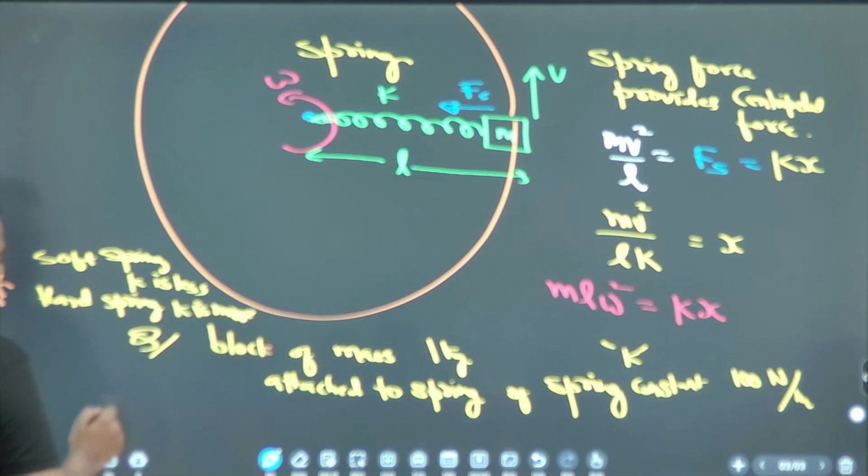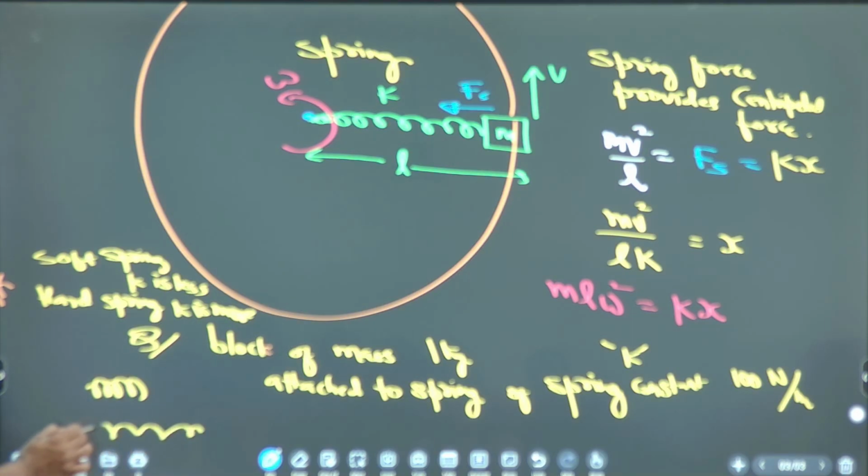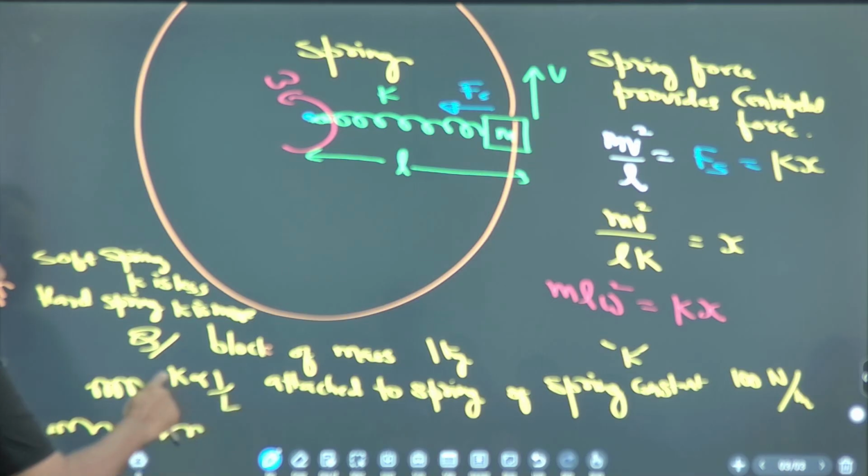Correct? Like suppose one spring is like this and another spring is like this. Which spring has more K value? K value is inversely proportional to natural length, correct? This natural length less, this natural length more.